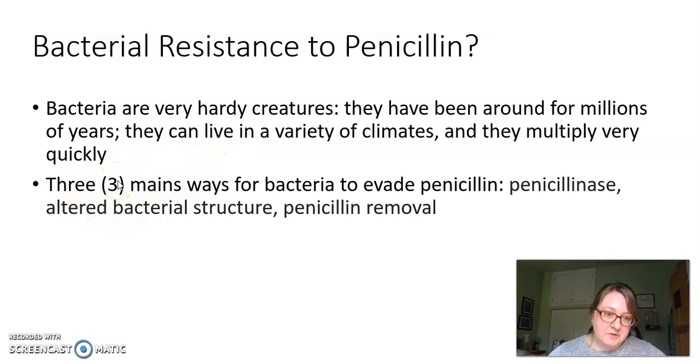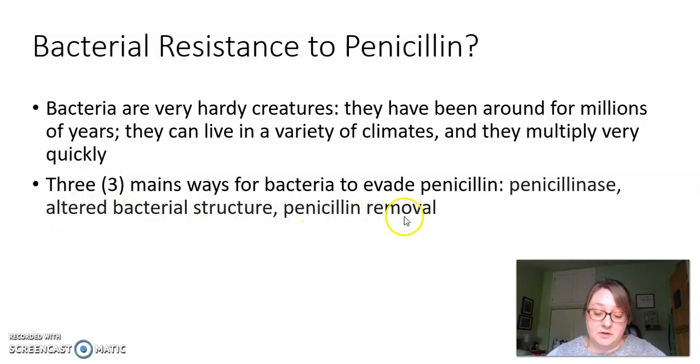Like I said, there's the three main ways that bacteria evade penicillin, and basically penicillinase is an enzyme that degrades the penicillin that's trying to get in, and altered bacterial structure is where some bacteria subtly change the format of the penicillin binding proteins in their peptidoglycan wall, and then therefore the penicillin can no longer bind to it. So that's how they're very adaptable.